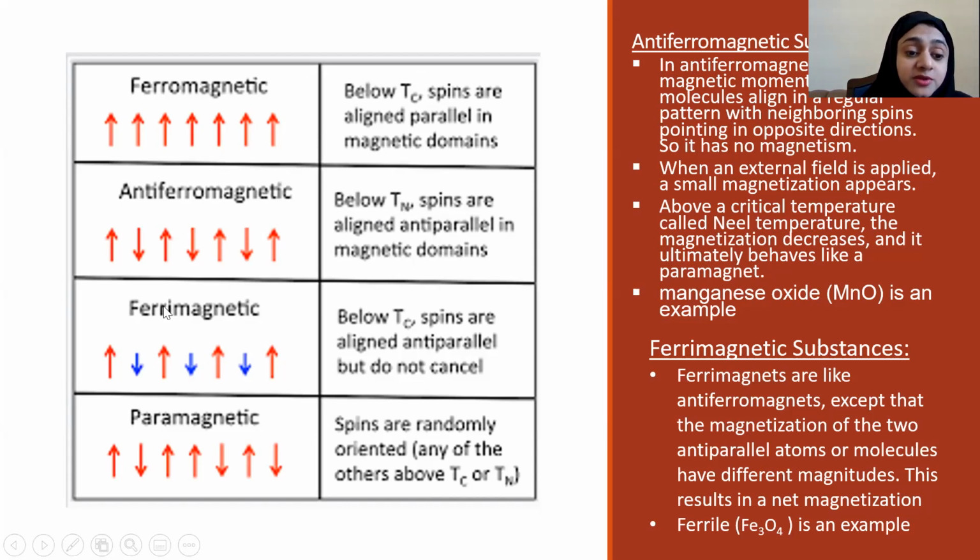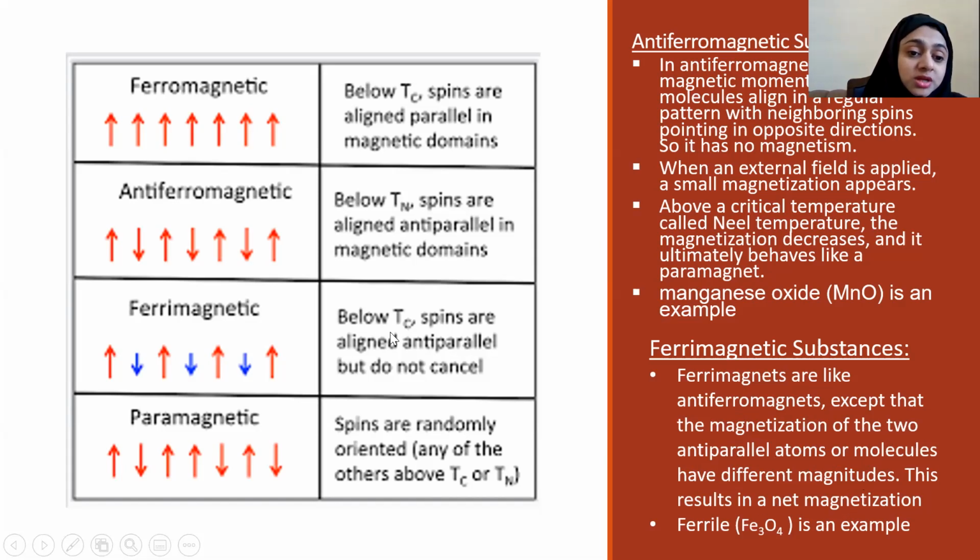Now, in ferrimagnetic material, ferrimagnets are like antiferromagnets, except that the magnetizations of the two antiparallel atoms or molecules have different magnitudes. This results in a net magnetization.